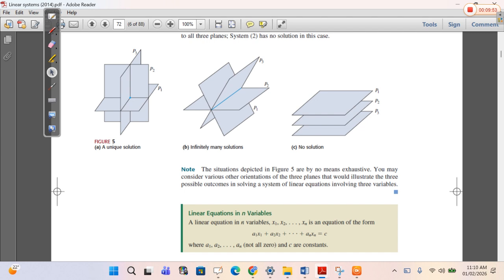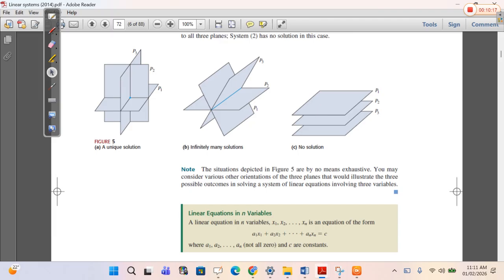For some problems you are able to find it. I will tell you why it is restricted when we solve it by means of a graph. Right? Any questions on the types of solution? Now do you understand what we mean by a solution? Whenever a system is given to you, what do you mean by the solution? The solution is the intersecting point.